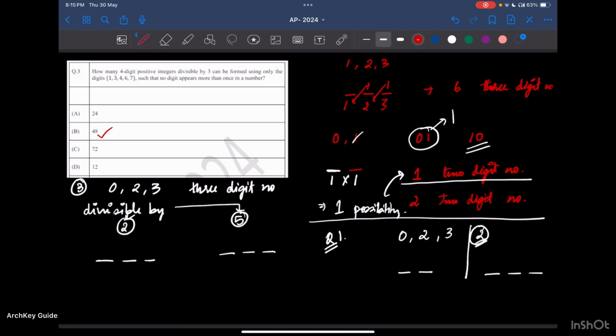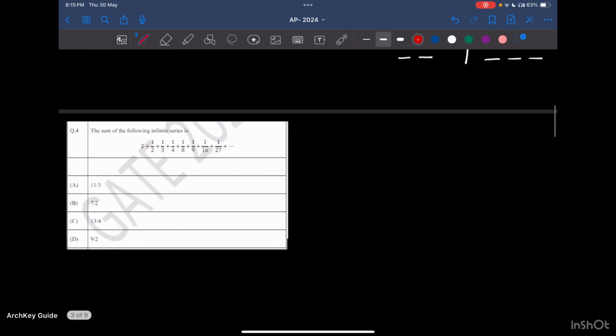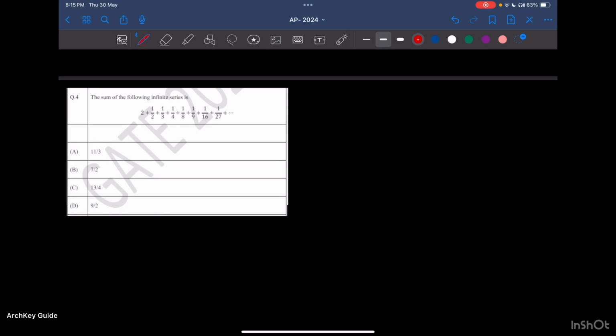Now let's move towards the next question. This one is a question based on an infinite series, and it's a tricky one. Why?